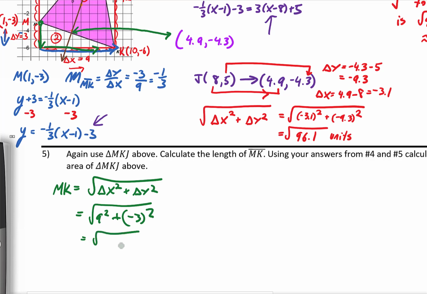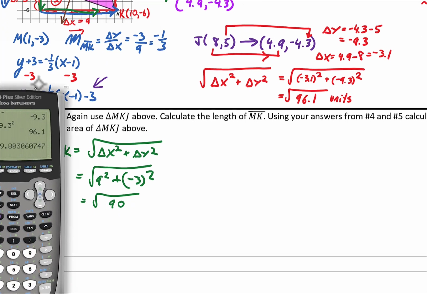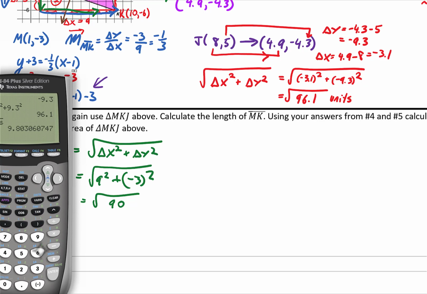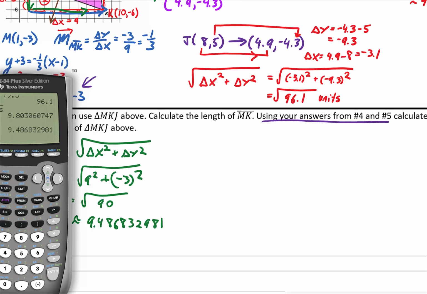And when I do the work, it will become the square root of 90. So the length of MK is the square root of 90, which is also approximately 9.486832981.